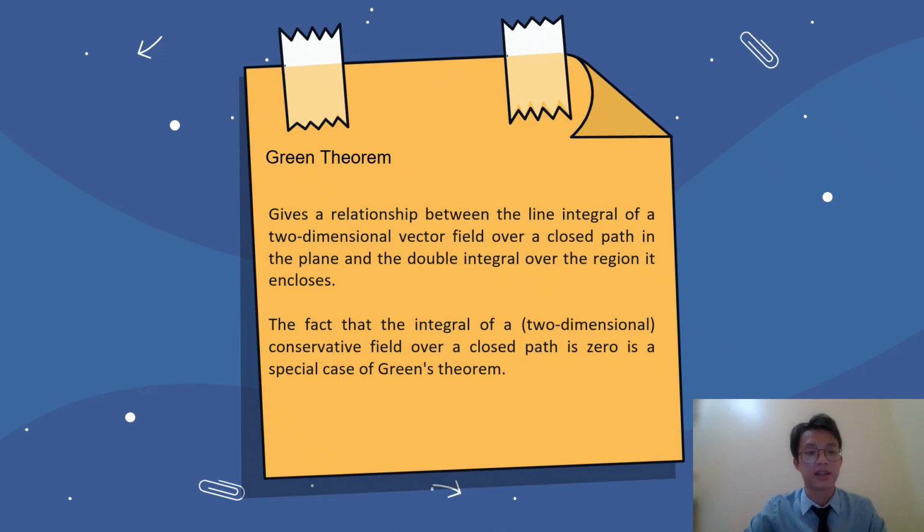The fact that the integral of a two-dimensional conservative field over a closed path is zero is a special case of Green's theorem. In other words, in physics and mathematics, Green's theorem gives the connection between the line integral along the closed curve C and the double integral on the plane region with C as the boundary.